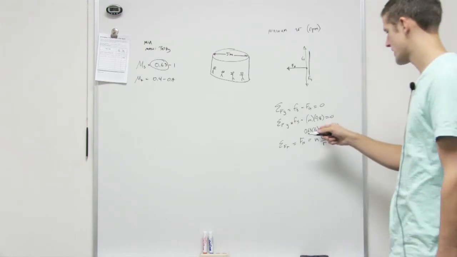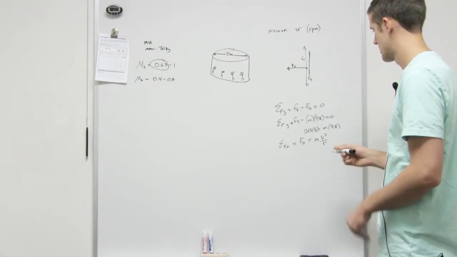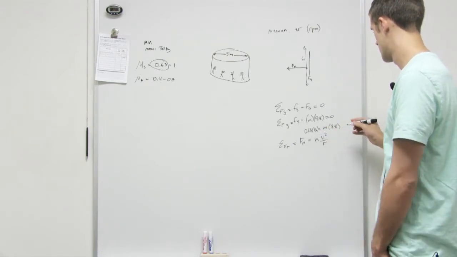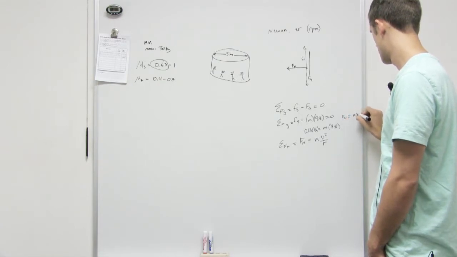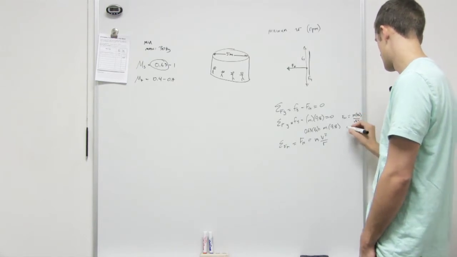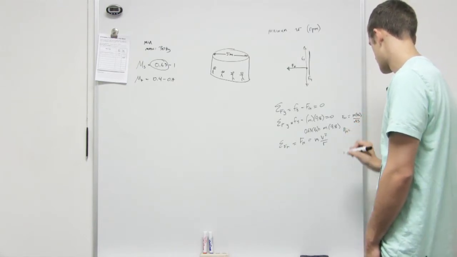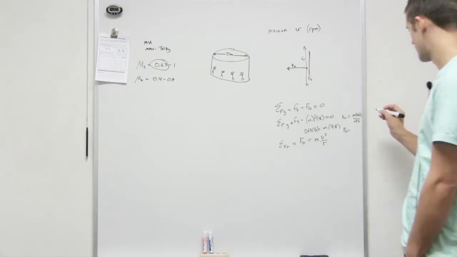So what does normal force have to be for it to be safe? Let's see, mass times gravity divided by 0.63. Yep. Okay.